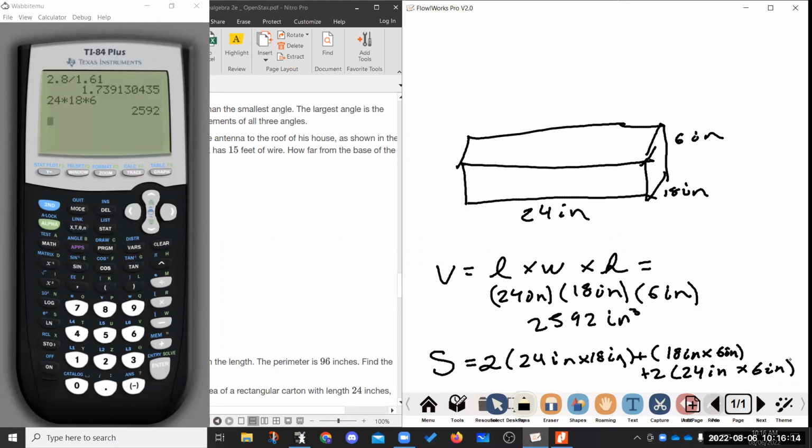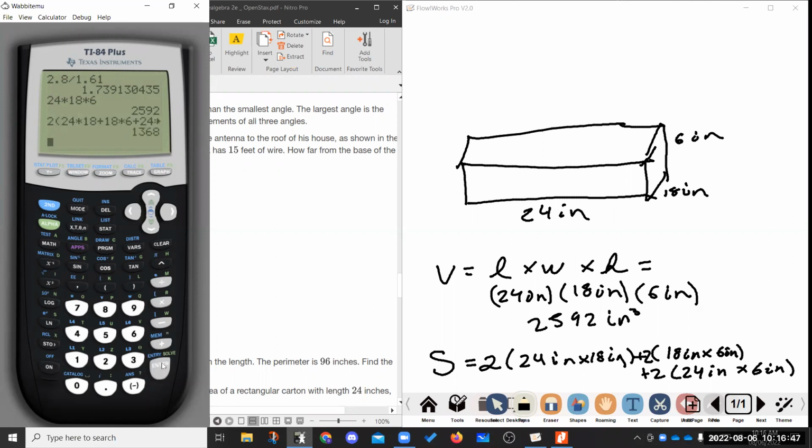So there's 2 of those. So let's go ahead and just take 2 times, let's factor the 2 out of everything. It's 2 times 24 times 18 plus 18 times 6 plus 24 times 6.